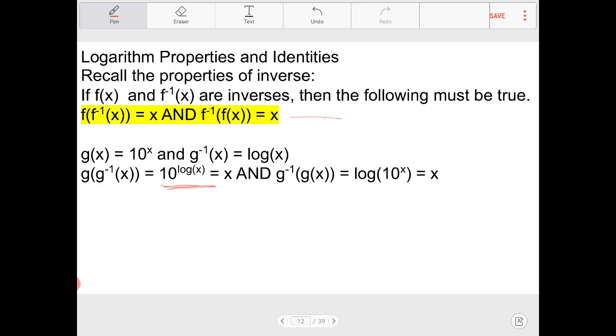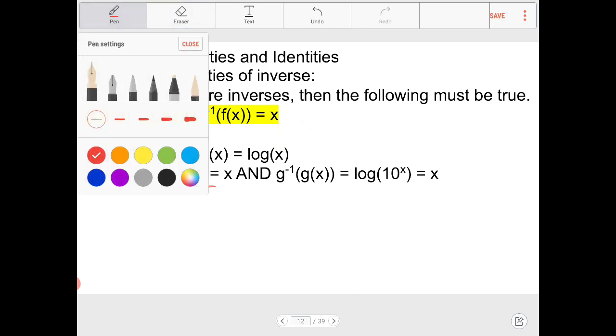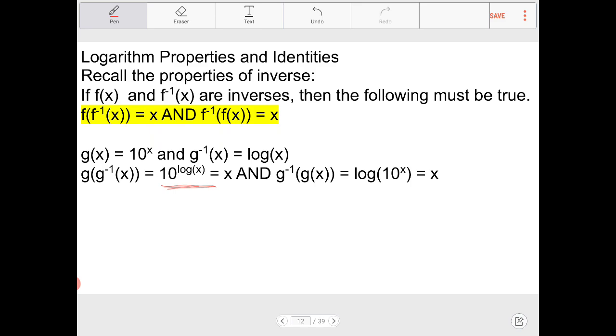Based on this property here, this power must evaluate to x. As cryptic and as abstract as this expression may be, this will evaluate to x because of the very nature of inverses.